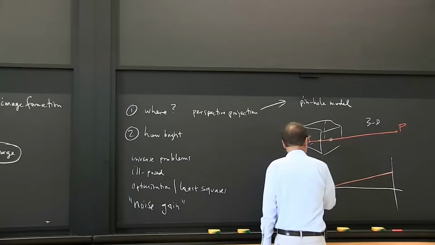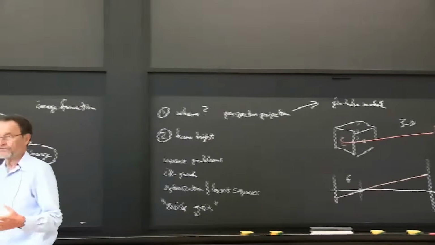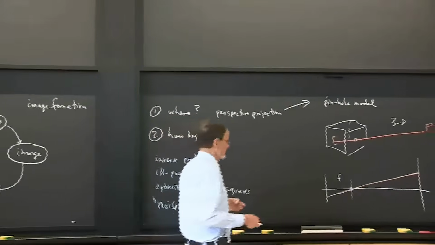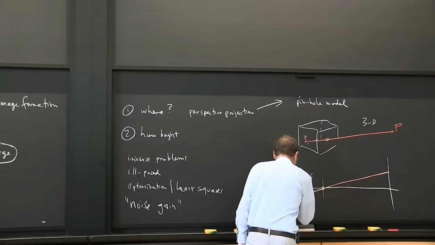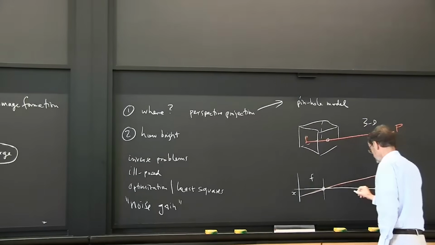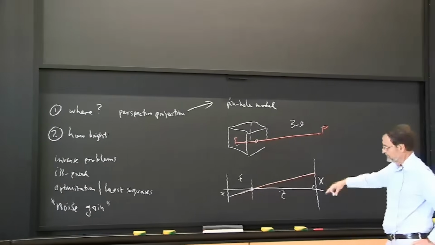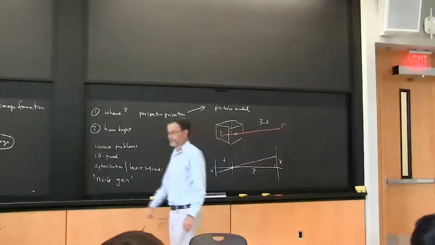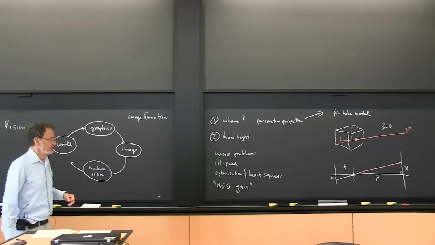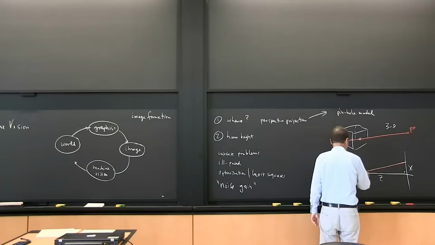Okay, so we're going to call this F, and F is alluding to focal length. Although in this case there's no lens, there's no focal length, but we'll just call that distance F. And we call this distance little x, and we call this distance big X, and this distance big Z. So in the real world, we have big X, big Y, big Z, and in the image plane we have little x, and we're going to have little y and F. And, well, they're similar triangles.